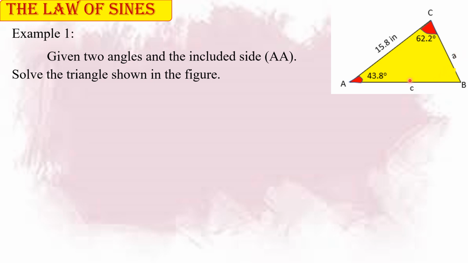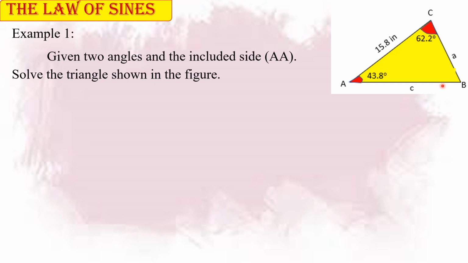So, what did I say in the past slide? Kailangan muna nating hanapin the unknown angle kapag meron tayong dalawang given na angles. So, let's find first the third unknown angle and then let's proceed to the sides para magamit natin yung law of sines.